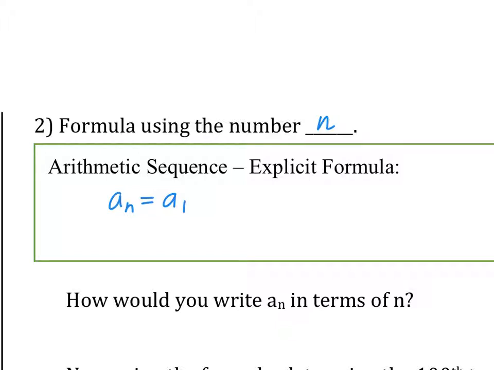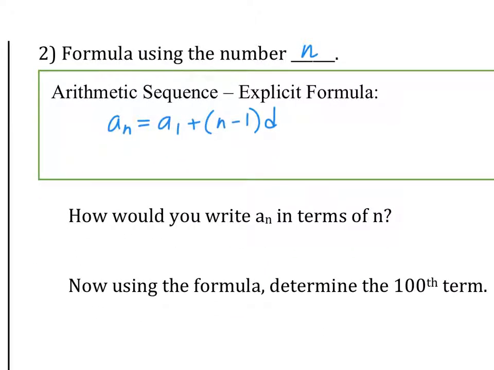The first number plus n minus 1, because there's always n minus 1 gaps between the numbers, times d. Or you can simplify this. But basically, it's just one formula. You don't need to tell them A1 because A1 is already in the formula.